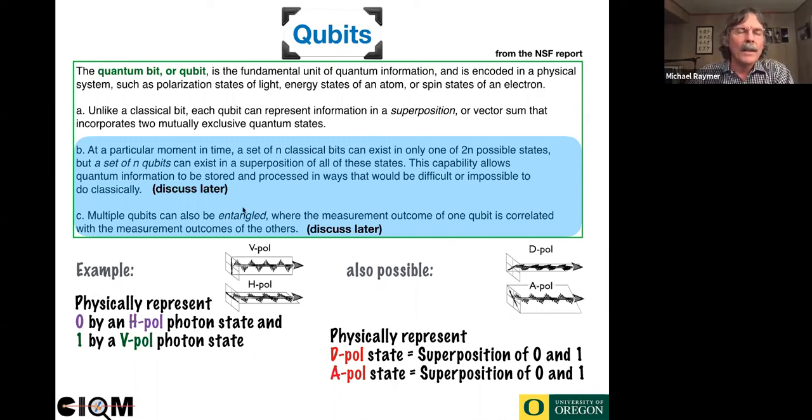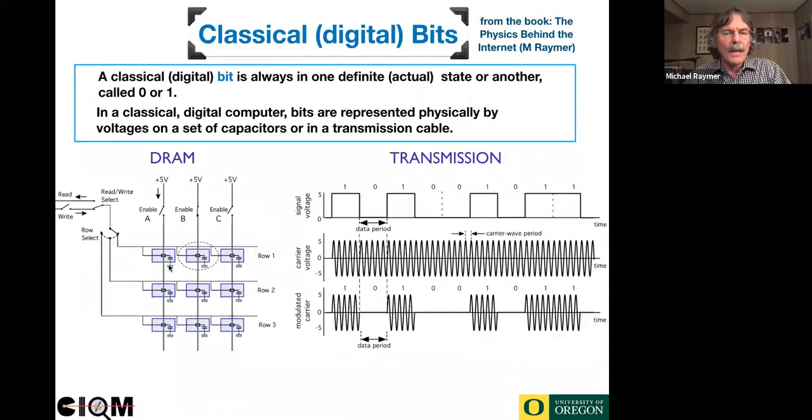Before I move on, let me go back to these comments in the blue boxes here. We already understand point A about superpositions, but point B is also reminding us that if we have n classical bits, remember on the previous slide, I showed, for example, here's 9 classical memory cells.